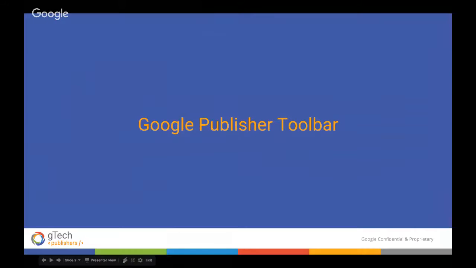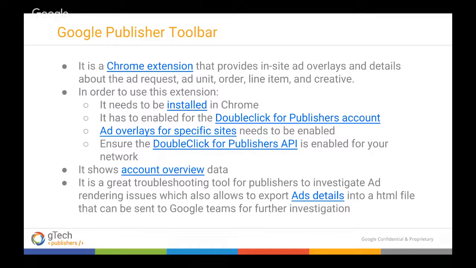Okay. So the first tool that we're gonna cover today is called the Google Publisher Toolbar. The Google Publisher Toolbar is a Chrome extension, and it basically provides an overview as an overlay of the details about the ad requests that have been delivered on a page coming from a DFP network where you are logged in as a user.